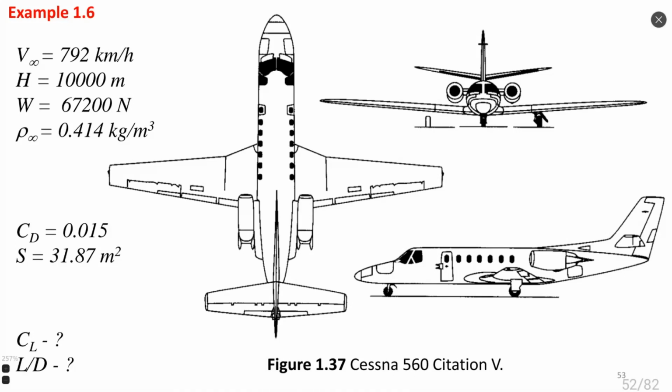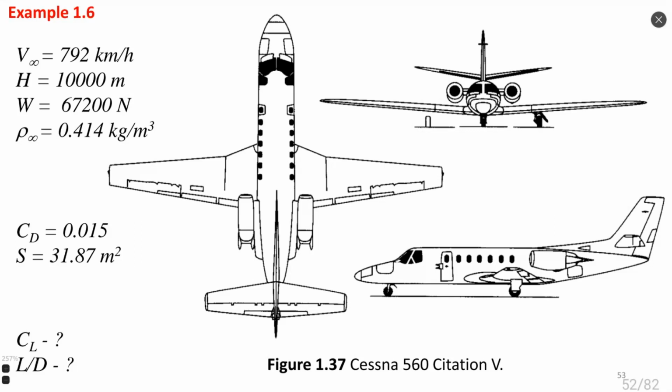So to get the lift coefficient, we practically have everything, right? Let's calculate. Let's try at least. If I make some error, please write me or tell me in the comments.